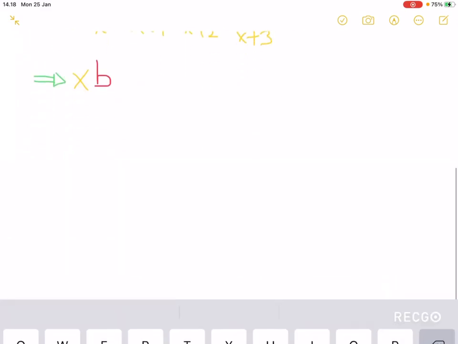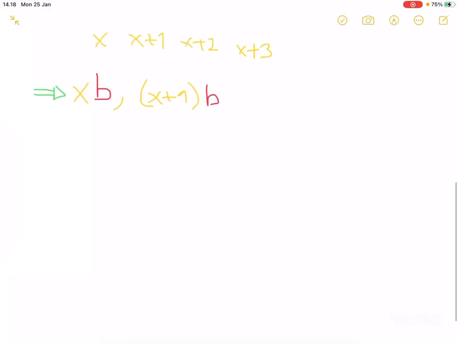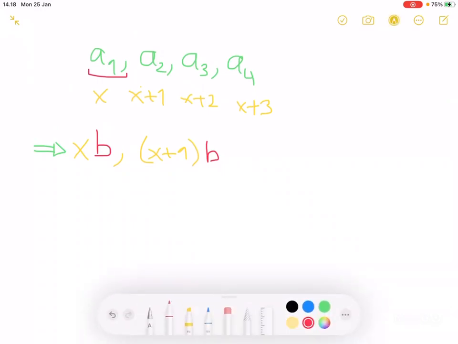Okay, next we can rewrite this again. We have x plus 1 in parentheses times b, then x plus 2 times b, and then finally x plus 3 times b.